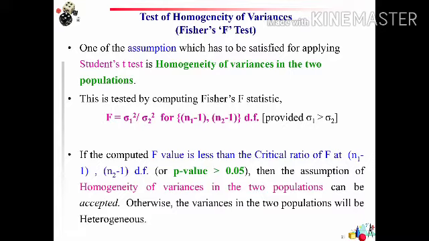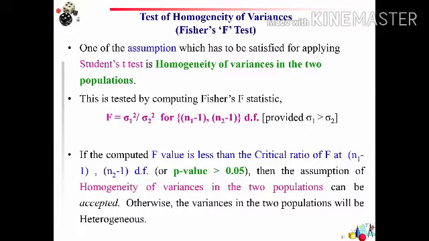If the computed F value is less than the critical ratio of F at n1 minus 1 and n2 minus 1 degrees of freedom, or the p-value is greater than 0.05, then the assumption of homogeneity of variance in the two populations can be accepted.